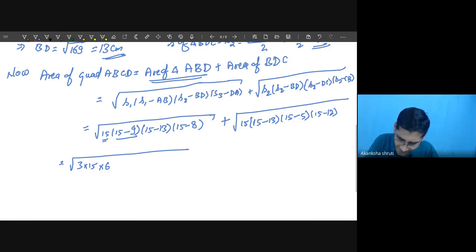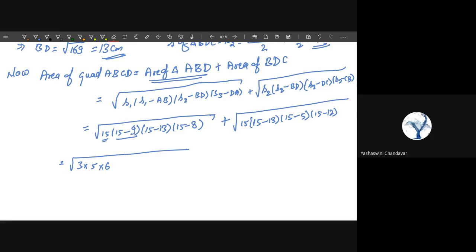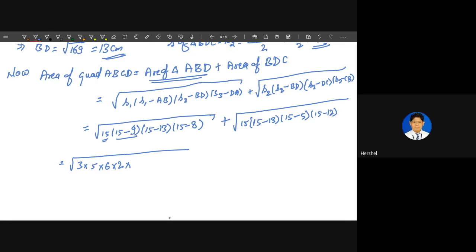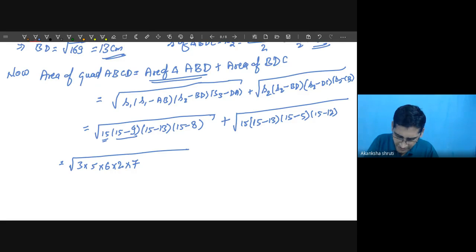So student, the next bracket, 2 into 2, very good. The next one, into 7, 7. Very good. So it is this much. Now go for the second square root.